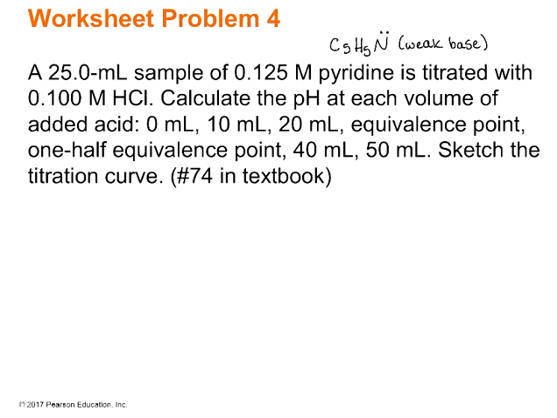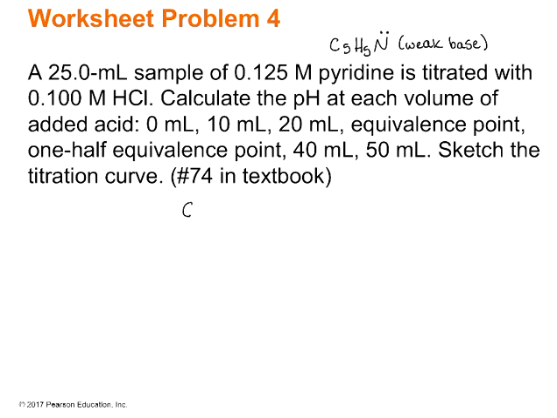Okay, so let's start by calculating the initial pH. This process is going to be a little bit different from our strong base, strong acid titration calculations that we did in the last lecture. Initially, we just have pyridine present. Remember that pyridine is a weak base, so we can't just assume that the concentration of the weak base is the amount of hydroxide ions in solution.